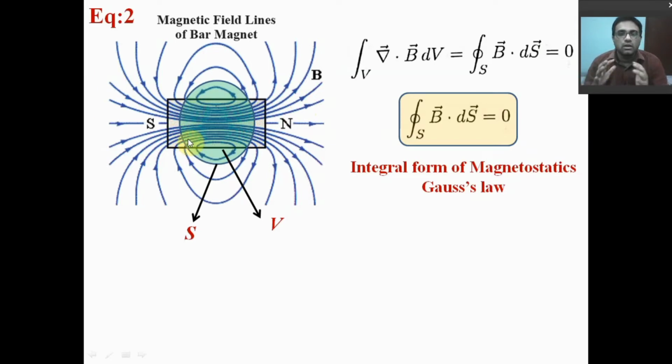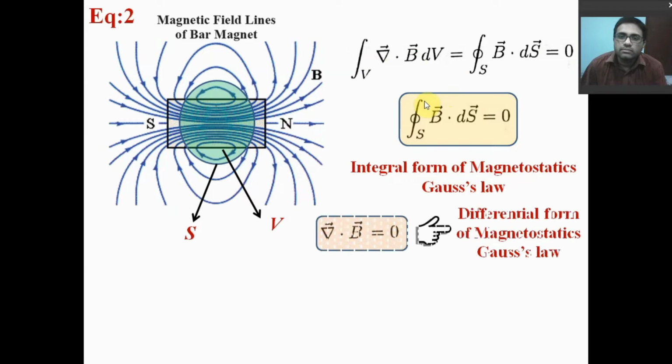So the overall resultant flux will be 0. That's why B dot dS, the magnetic flux, will be 0. So this is called the integral form of the magnetostatic Gauss's law. Now if we use this form, then we can write del dot B equal to 0. So this is the differential form of the magnetostatic Gauss's law.